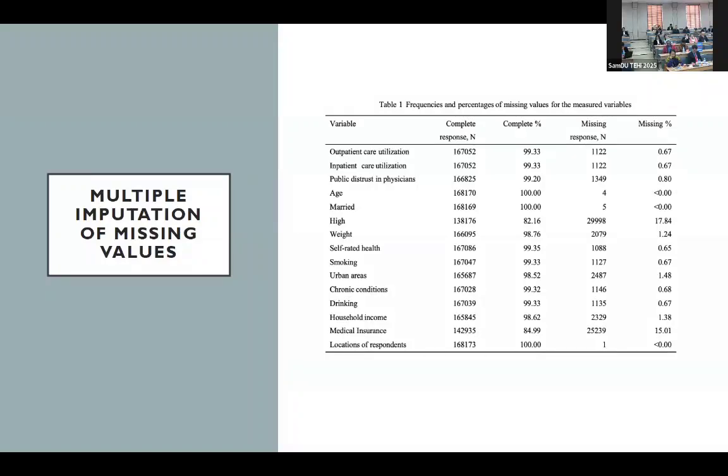So in this case, we use multiple imputation. When we ran multiple imputation by chained equations, we found a lot of problems because of the big data set. Almost every run reported errors like convergence not achieved.